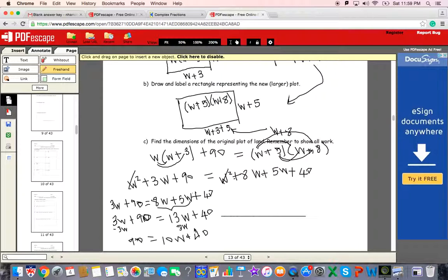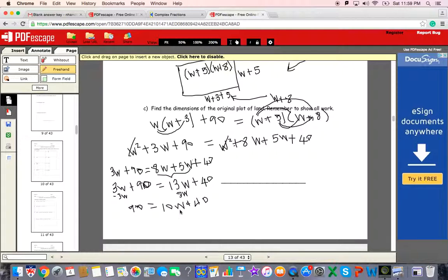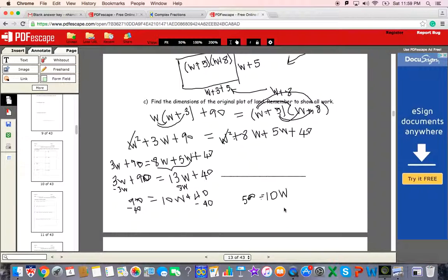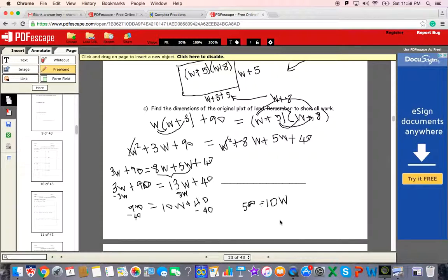Okay. And I'm going to go ahead and subtract 40 from both sides. And we get that 10W is equal to 50, which means that W is equal to 5.